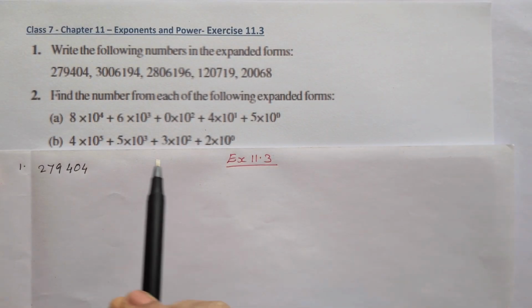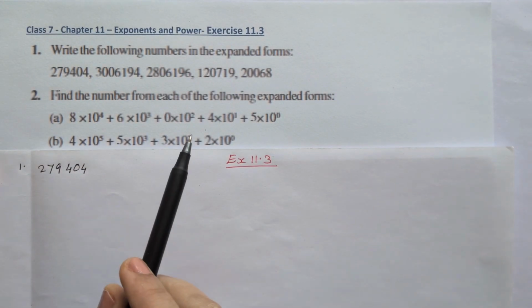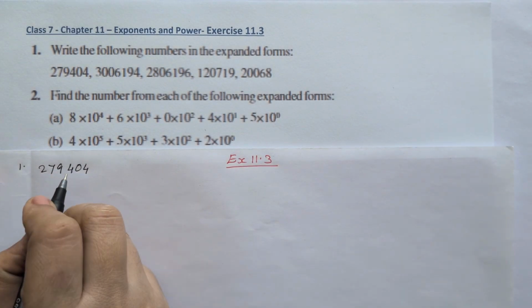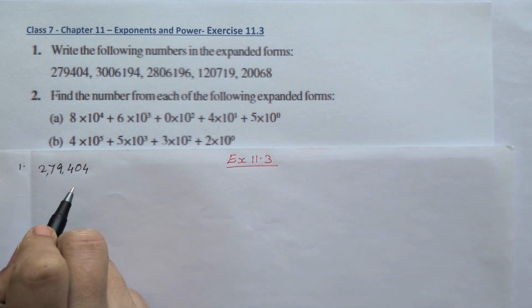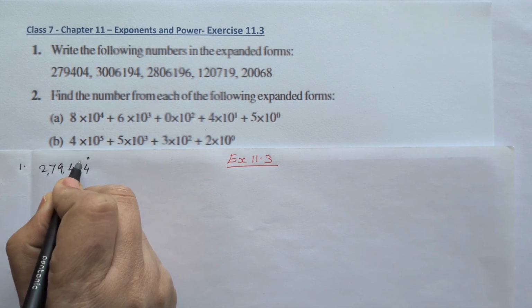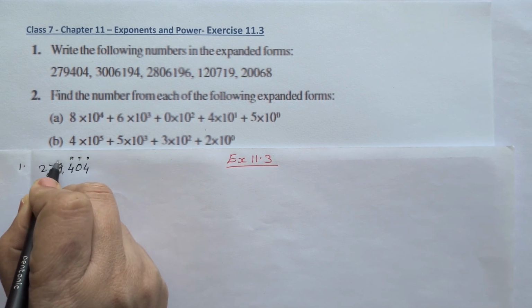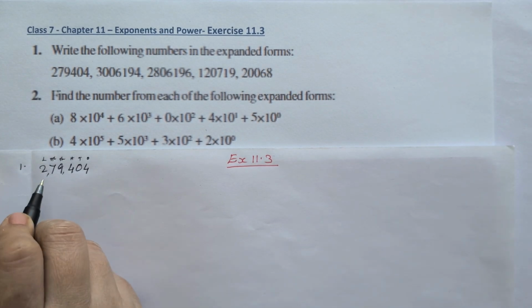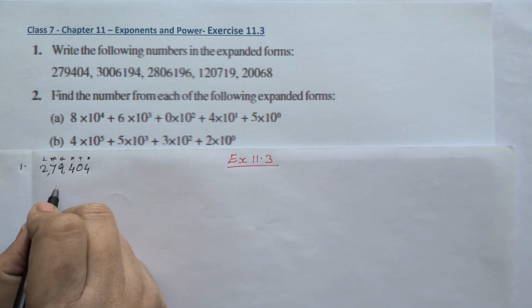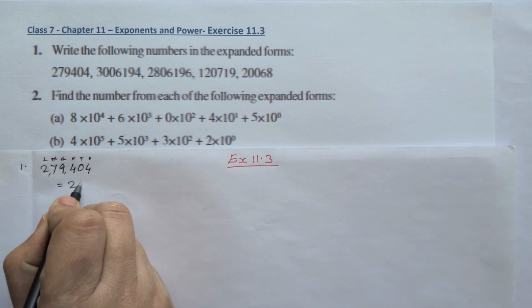Exercise 11.3, first question: write the following numbers in the expanded form. Here we have 2,79,404. So we can mark it here: ones, tens, 100, 1000, 10,000 and lakh. The first number is coming in the lakhs place, so we can write that as 2 into lakh.